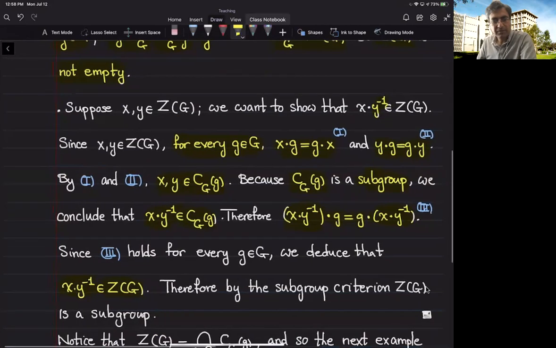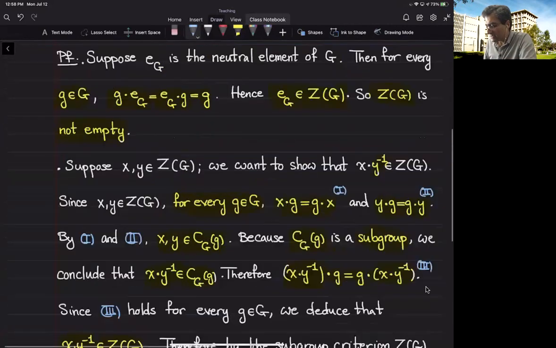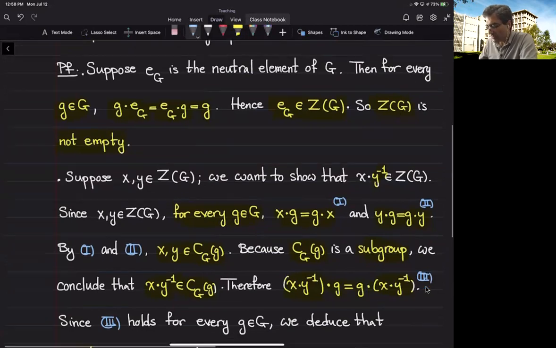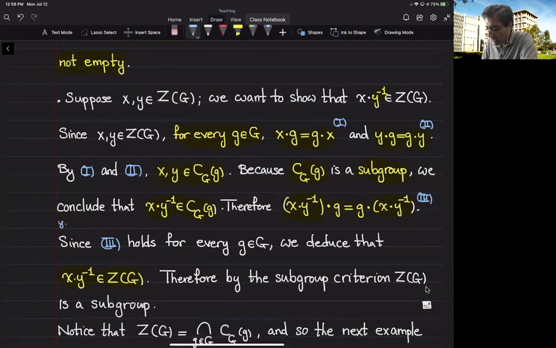Of course, I could repeat the proof that I had earlier, and each time emphasize that the implication is true for every G. So I could have written over here YG equals GY, multiply both sides by Y inverse from left and right, cancel out the unneeded letters, and then end up getting that it is Y inverse that commutes with G. And then use this and show that X dot Y inverse dot G is the same as G dot X dot Y inverse, as we did in the previous example.